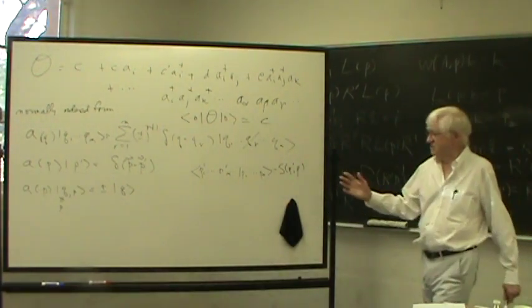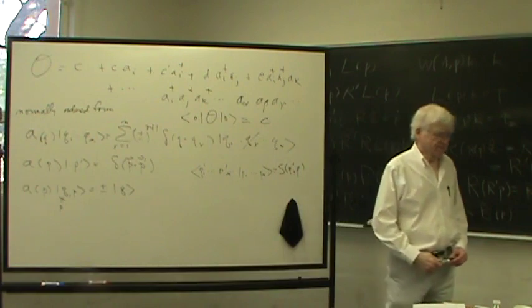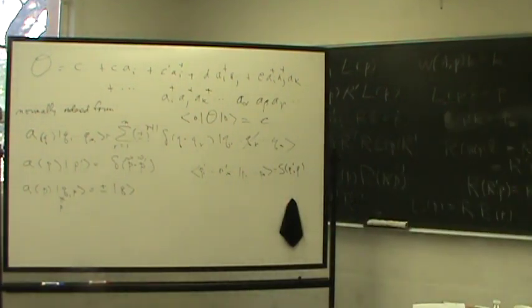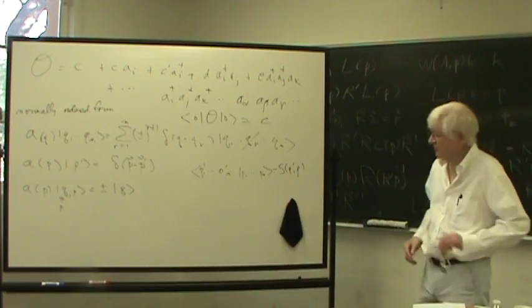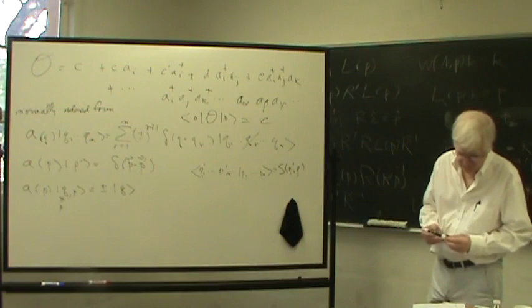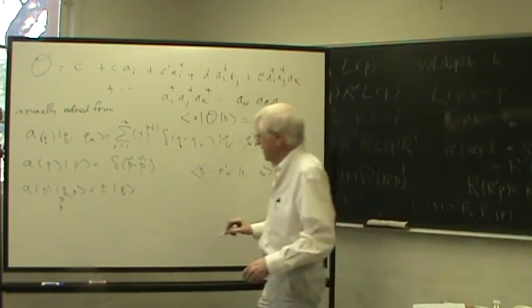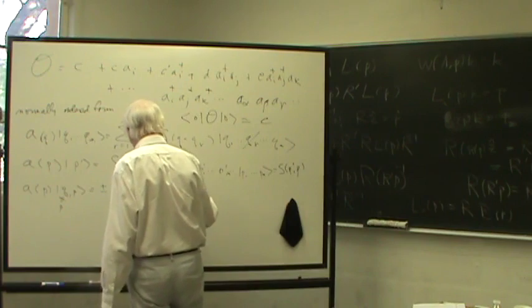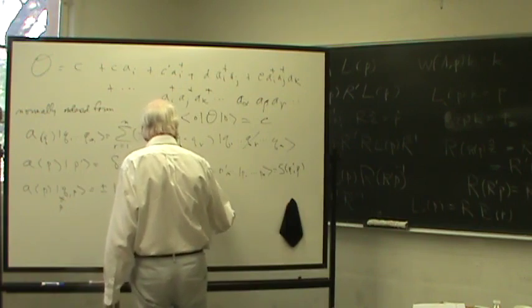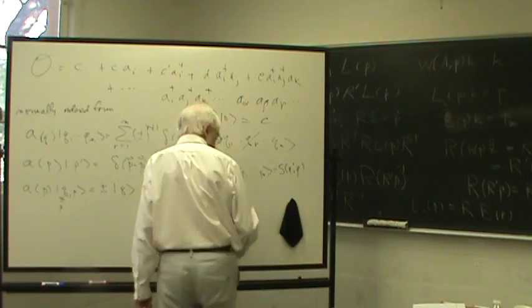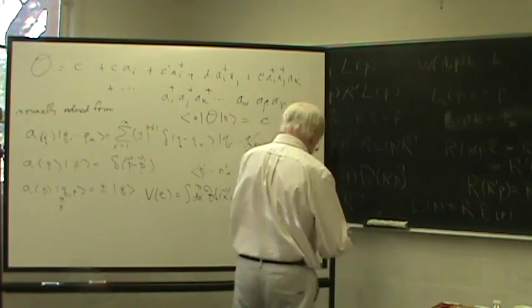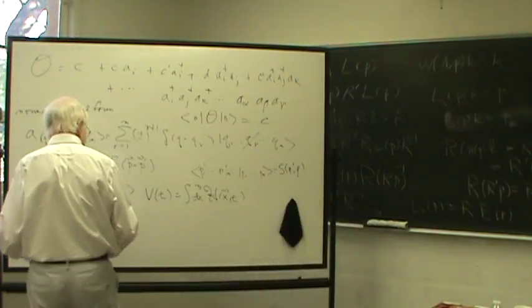Now, since this describes scattering of physical particles, we want this to respect special relativity, and so it should be Lorentz invariant. And what Weinberg shows is that it can be Lorentz invariant if the interaction is an integral over space of a Hamiltonian density that transforms properly.